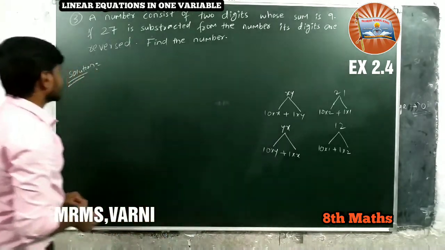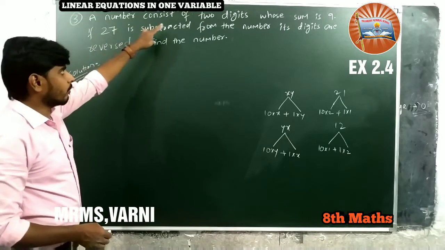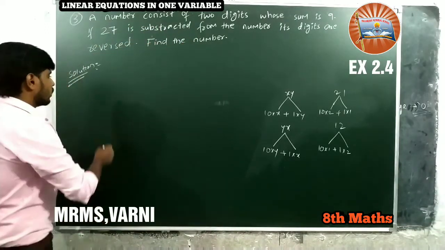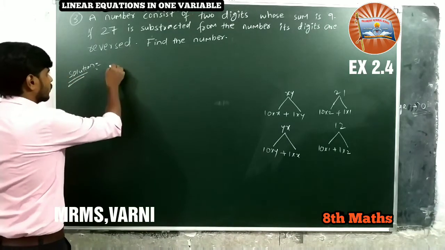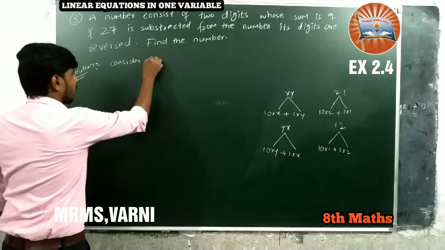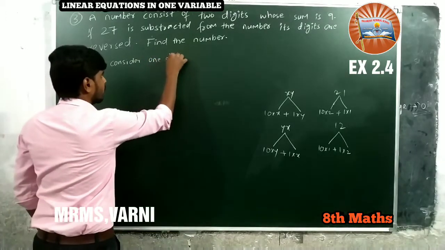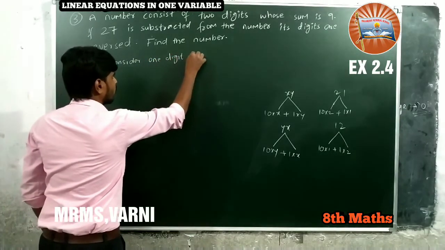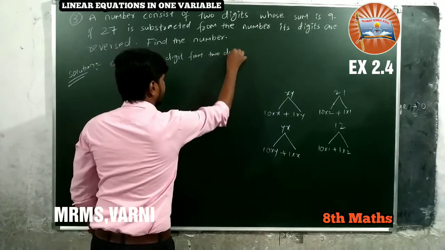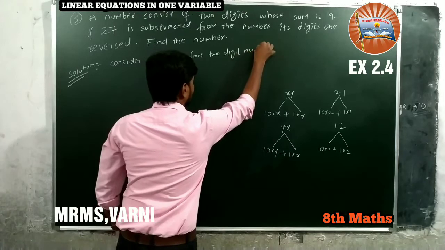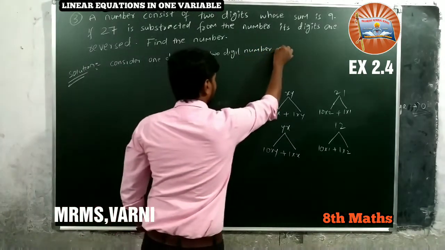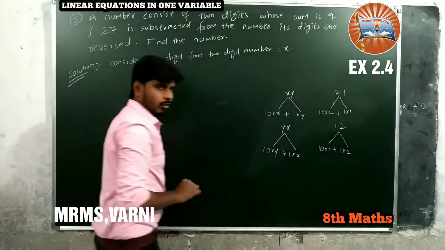Right. So a number consists of two digits whose sum is 9. So let us suppose, consider one digit from the two-digit number is x.